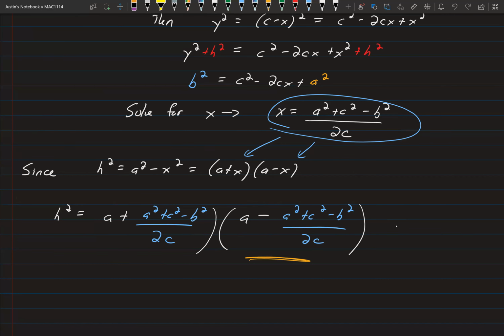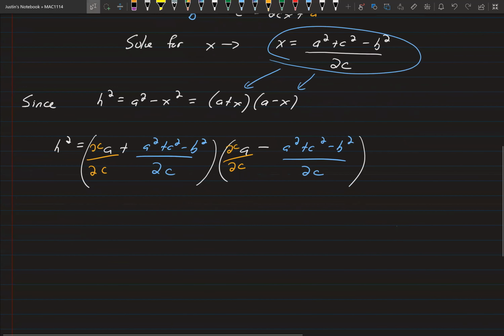Let's make a little room here. So in order to combine those, I'm going to have to multiply the a by 2c over 2c. Same thing here, 2c over 2c. So now we'll have two terms that we're multiplying. On the left, I've got a 2c on the bottom. On the right, I have a 2c on the bottom. When we multiply them, you guessed it, we're going to get a 4c squared.